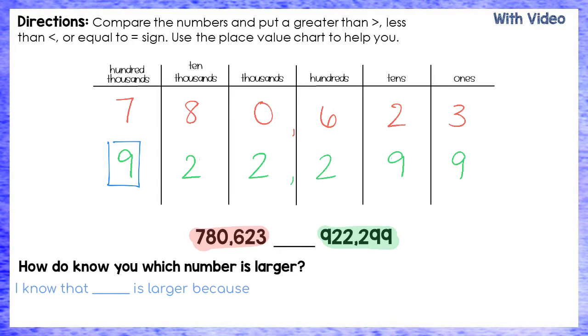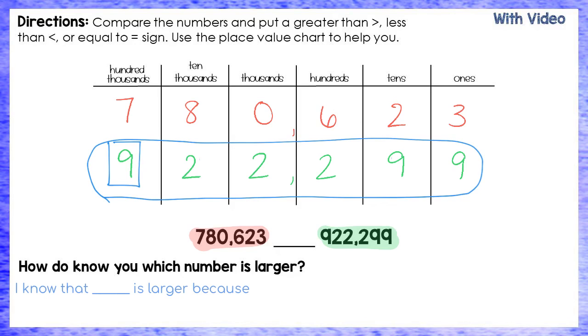So that means that no matter what other numbers are in this problem, 900,000 is much larger than 700,000. So again, we're going to say 780,623 is less than 922,299. How do you know which number is larger?